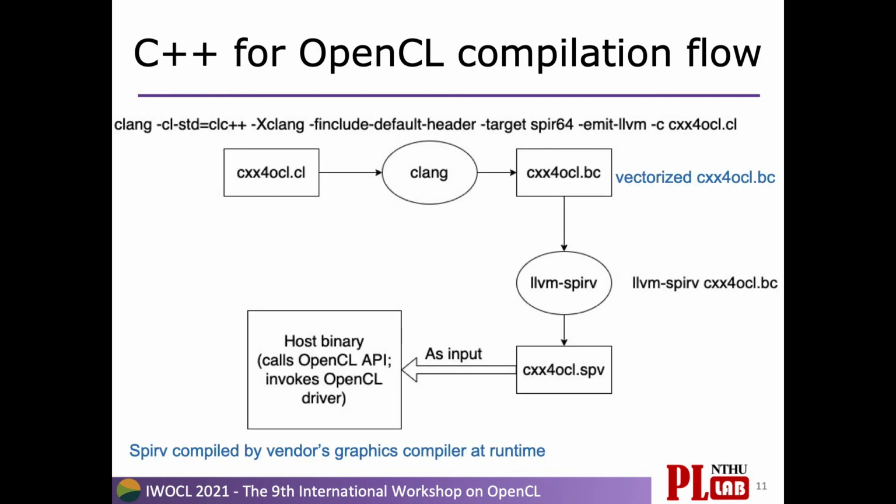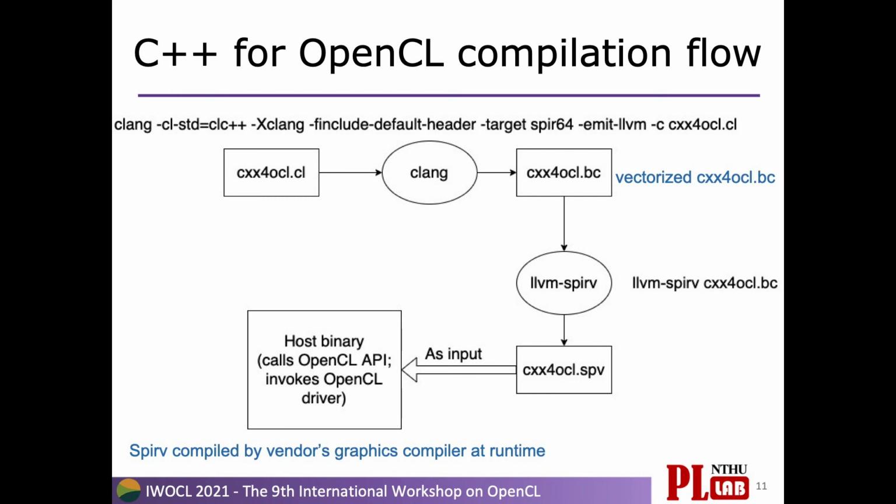This is the C++ for OpenCL compilation flow. So a C++ for OpenCL text file, a .cl file, will be translated by Clang into LLVM bitcode, and it will be vectorized if needed. And then this bitcode will be translated into a SPIR-V binary by LLVM SPIR-V.